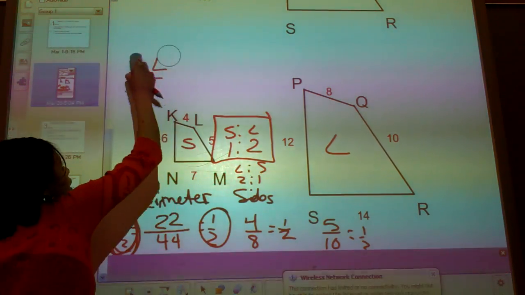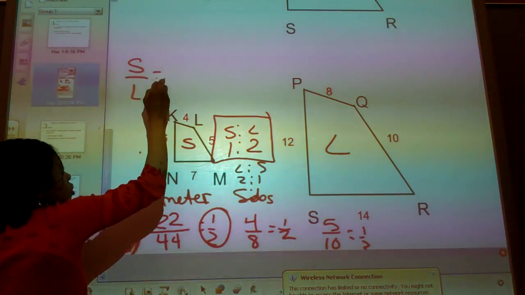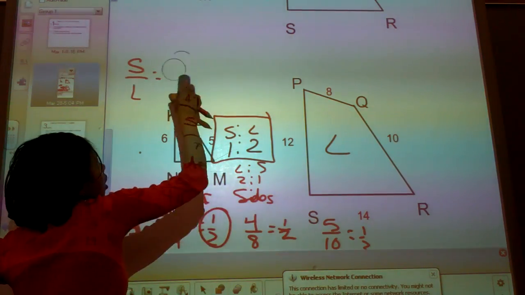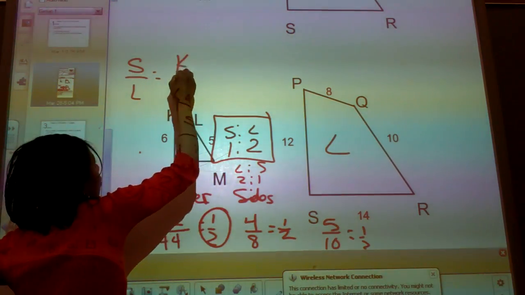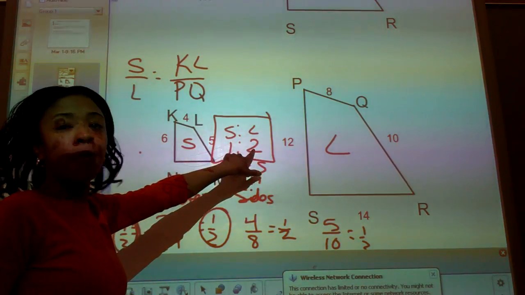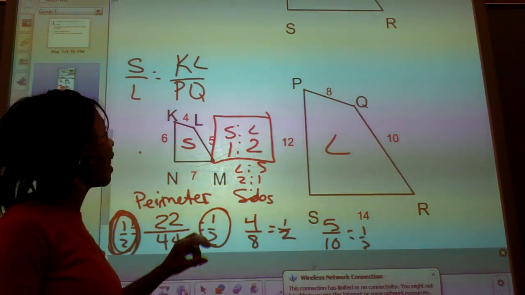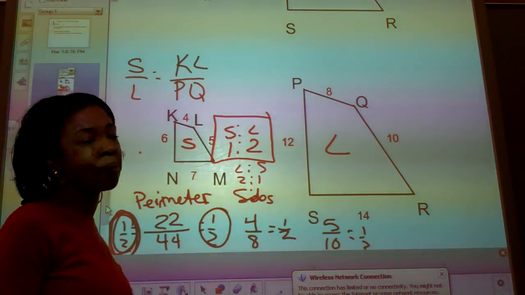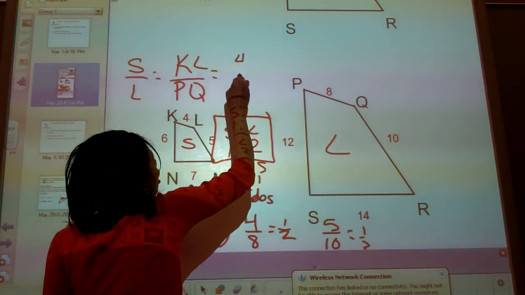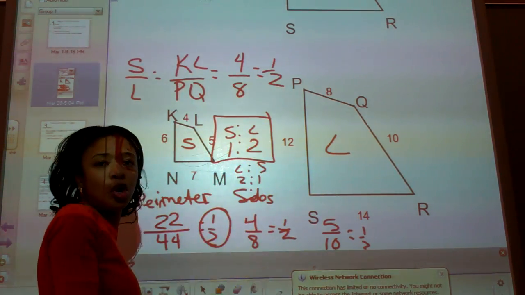If I do the small polygon over the large, and I do KL compared to, of course, PQ, if I figured out that the perimeters' proportional ratio is 1/2, each side length must be exactly the same thing, 1/2. So KL is 4 over PQ, 8. If I simplify that, the ratio again is still 1/2.